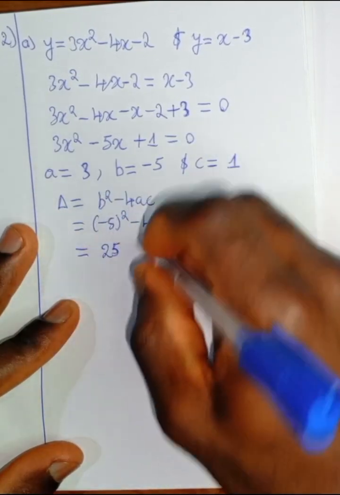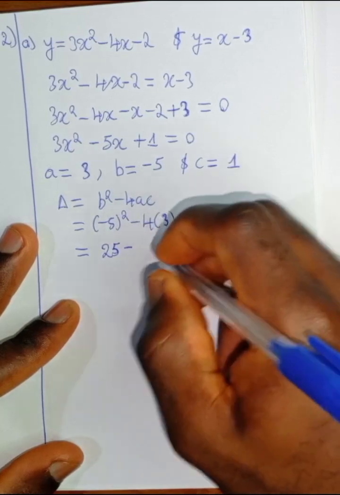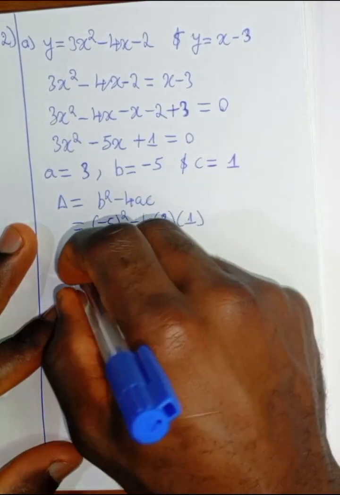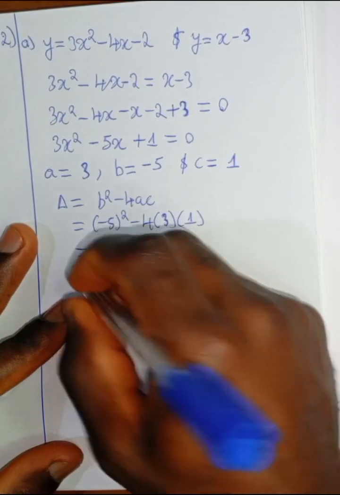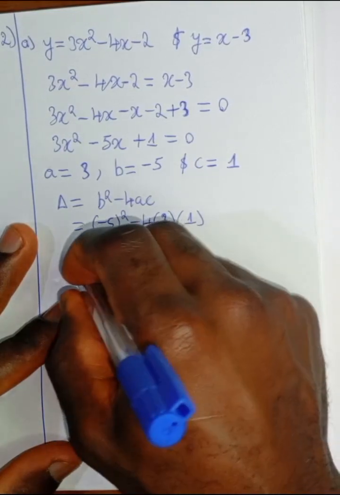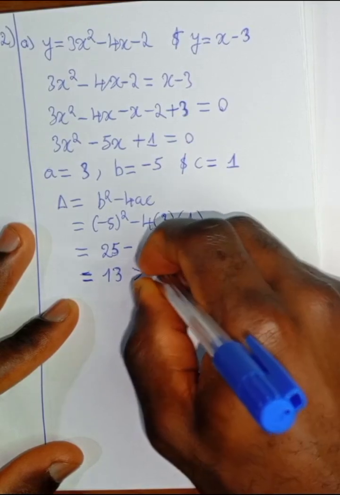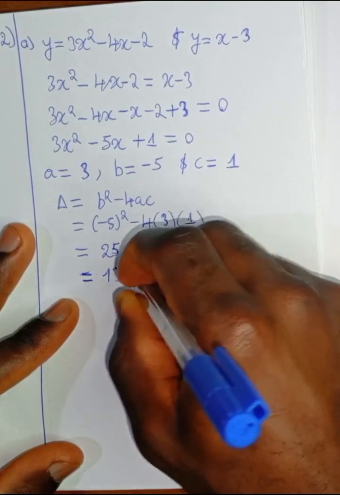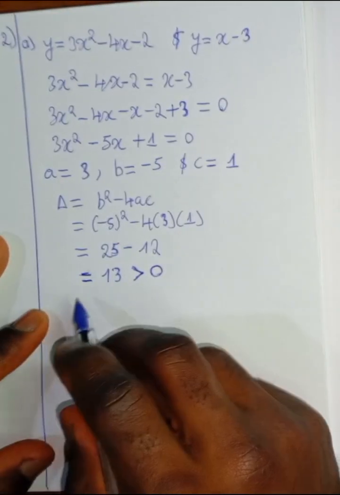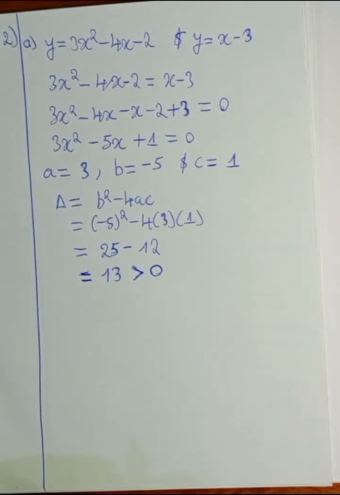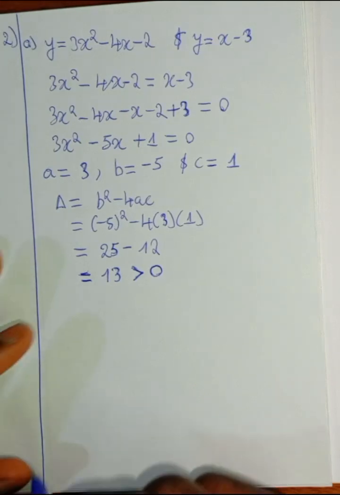Negative 5 squared is 25, minus 4 times 3 times 1 gives 12. 25 minus 12 gives us 13, which is greater than 0. Since the discriminant is greater than 0, the line cuts the curve at two distinct points.